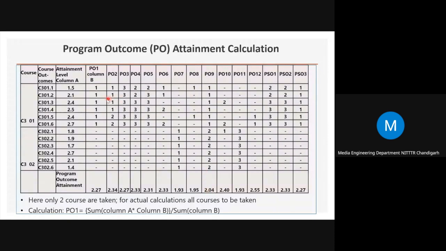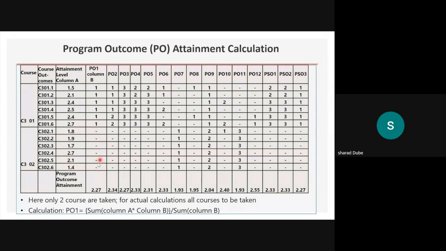So when we calculate for PO9, the attainment levels of all the COs will come into the calculation. But when we consider all the subjects, some subjects will be mapping, some will not. So we have to multiply only those CO attainment values with the corresponding mapping strengths which are mapping. We should not do that multiplication by 0. We should just ignore it if there is no mapping.